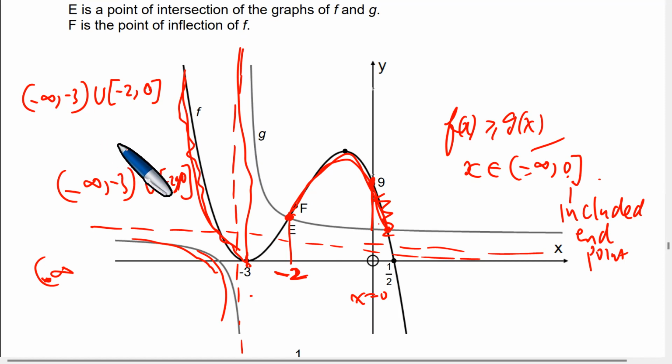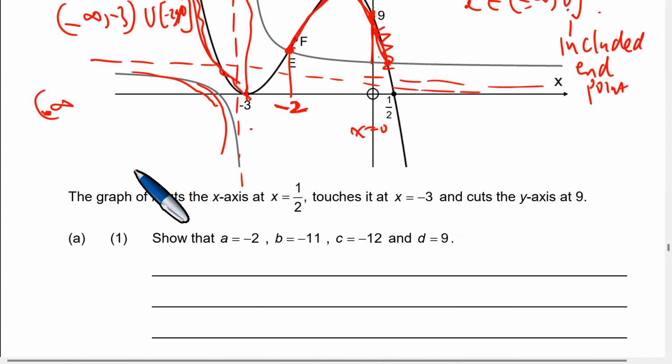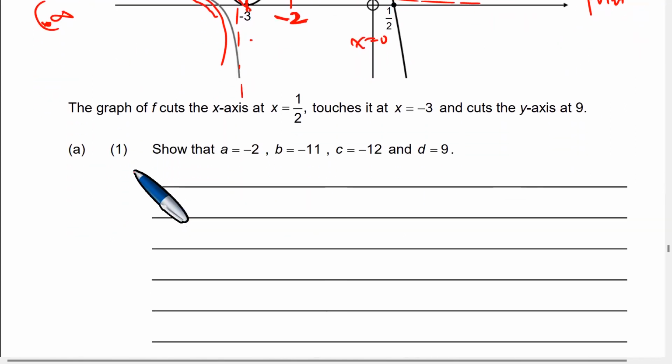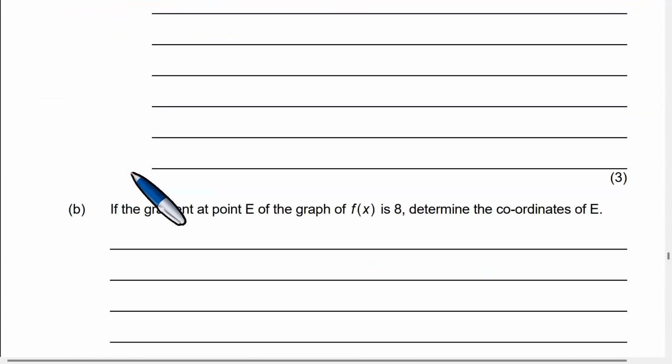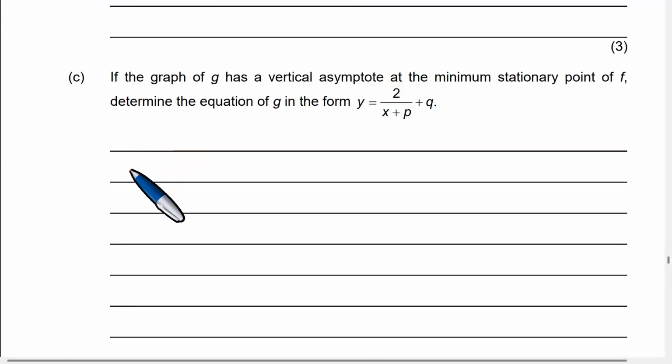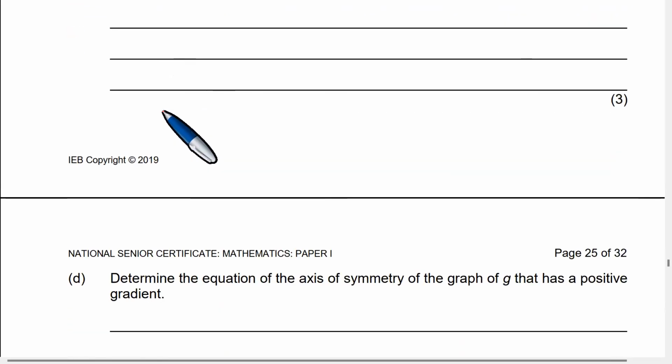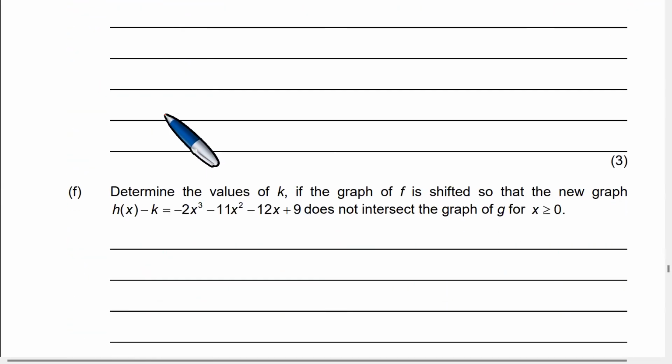I just have two more questions. The other one is on C, where it says state its domain. I think it's question 7. Let's check question 7.